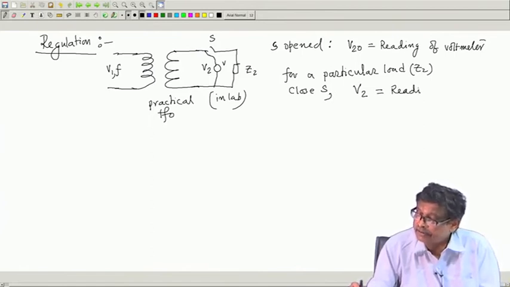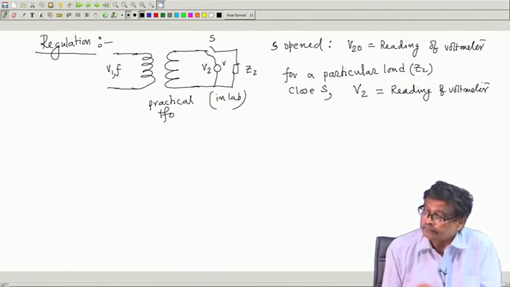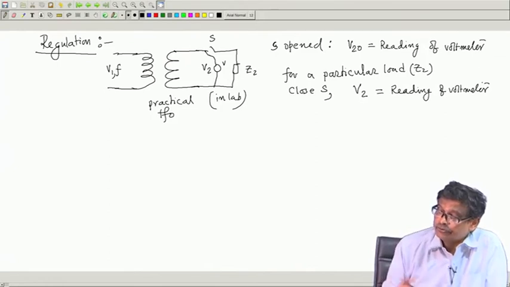V2 is the reading of the voltmeter with S closed.